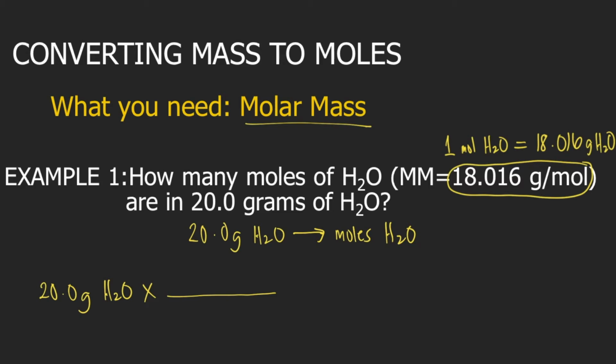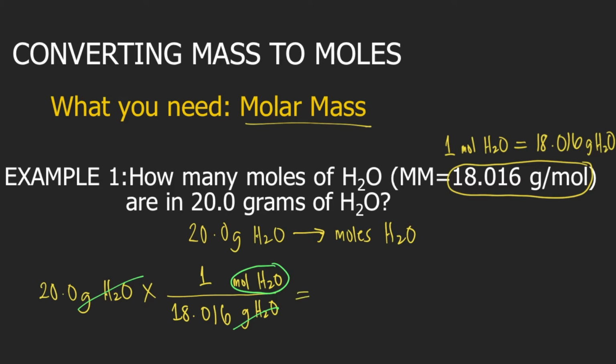So if you want to cancel the grams of water, you will put grams of water on the bottom, and on top you will put the moles of water. So according to the molar mass, 1 mole of water is equivalent to 18.016 grams of water. Grams of water will cancel, and the unit becomes moles of water.